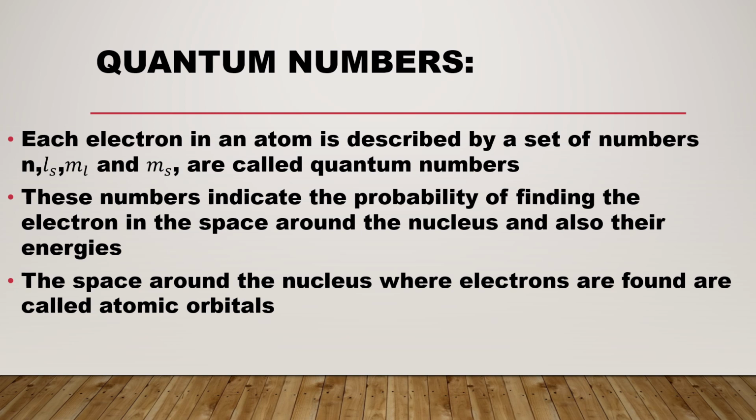The quantum numbers describe the space around the nucleus where the electrons are found and also their energies. The space around the nucleus where electrons are found is called an atomic orbital.